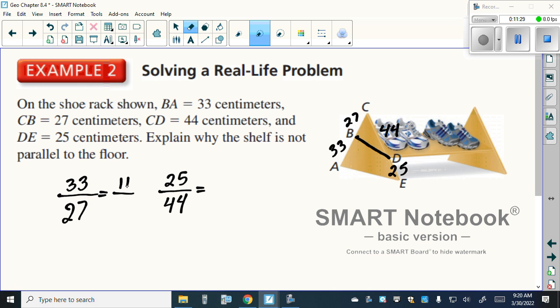Because this one here would be 11 over 9. 25 over 44, I think it's 25 over 44.